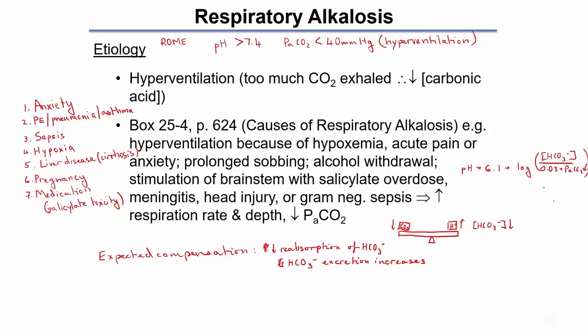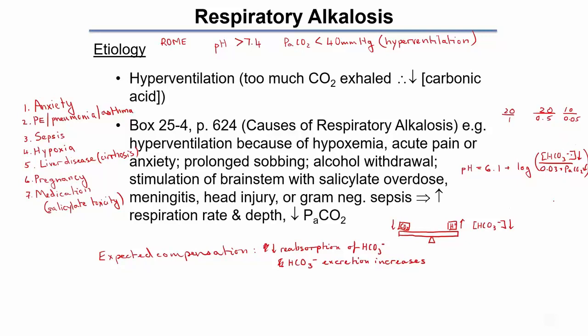That's the mathematical relationship. If PaCO2 levels have dropped below normal, what is the only way this is going to go back down to a 20-to-1 ratio? The denominator has become less than 1. Let's say it's even half of it, 0.5. Then 20 over 0.5 becomes 40. That's not good. So what can we do? Well, we have to reduce this. 10 divided by 0.5 is now 20. So the bicarbonate level has to come down.